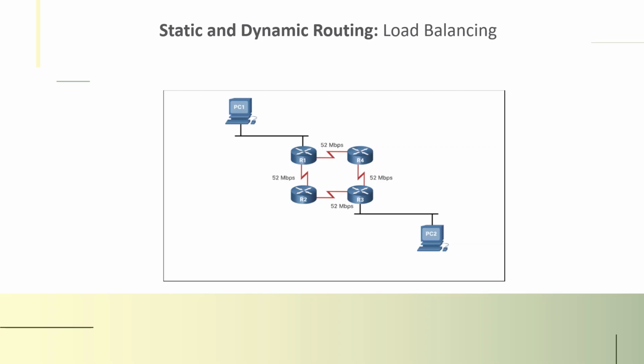If configured correctly, load balancing can increase the effectiveness and performance of the network. Equal cost load balancing is implemented automatically by dynamic routing protocols, and it is enabled with static routes when there are multiple static routes to the same destination network using different next hop routers. And here we have an example that provides equal cost load balancing.